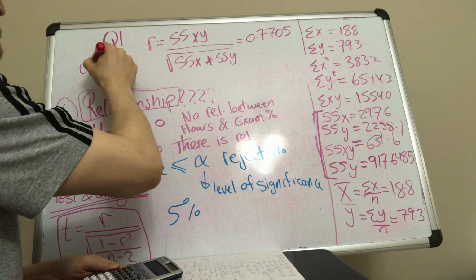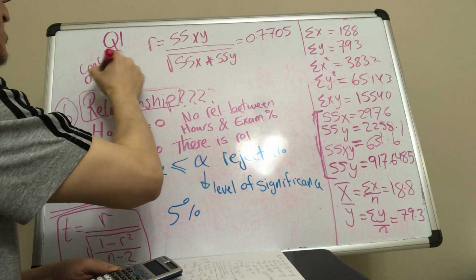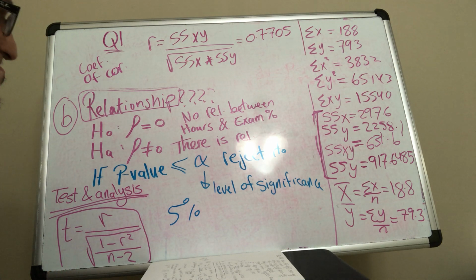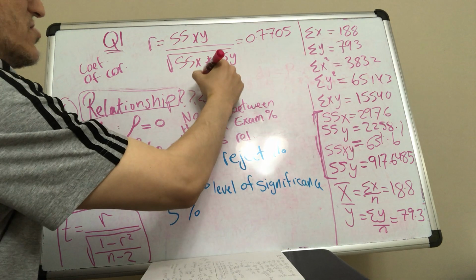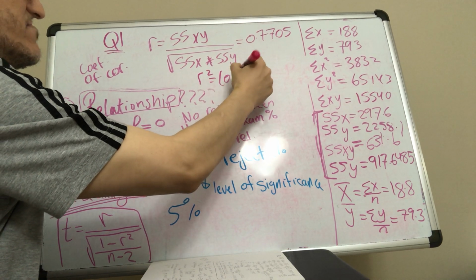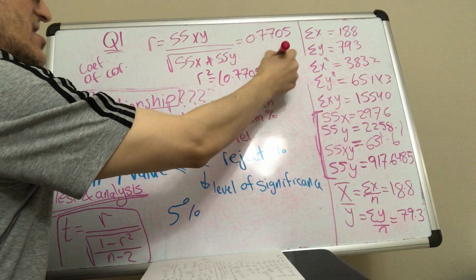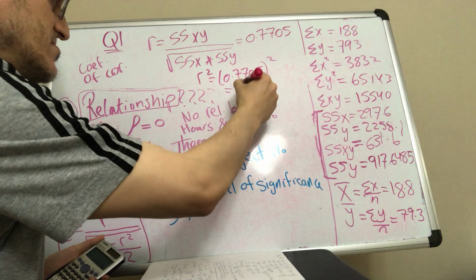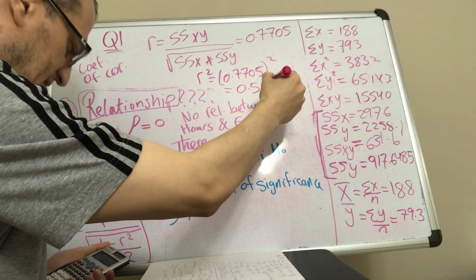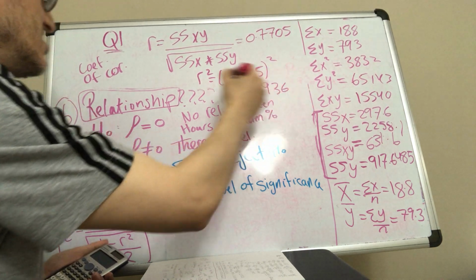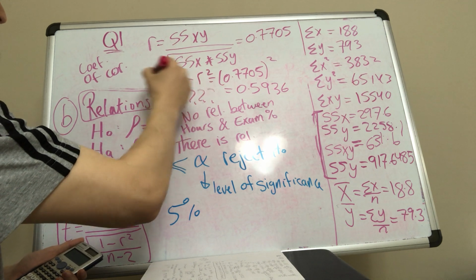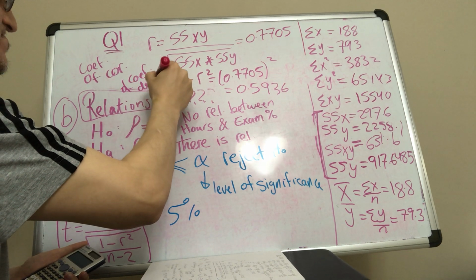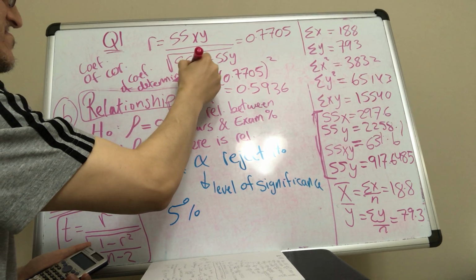This is called the coefficient of correlation, or COR. You also need to do R squared, where you take this number and you square it. Gives you 0.5936. This R squared is the coefficient of determination.